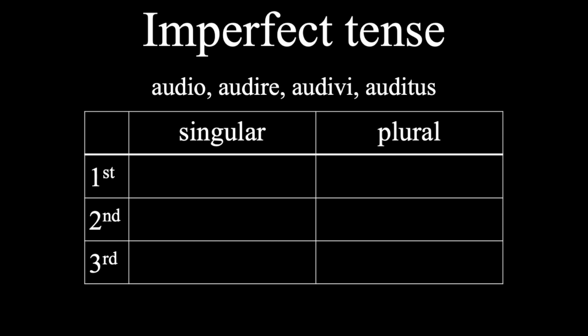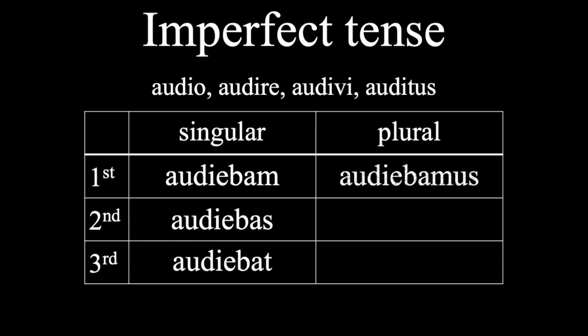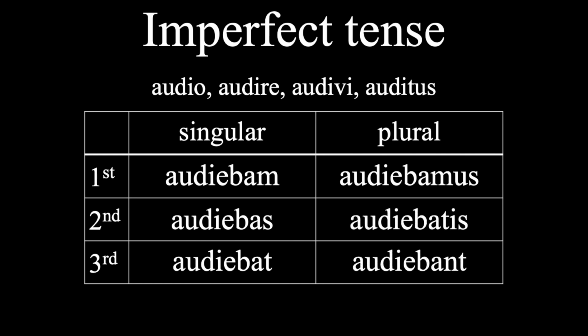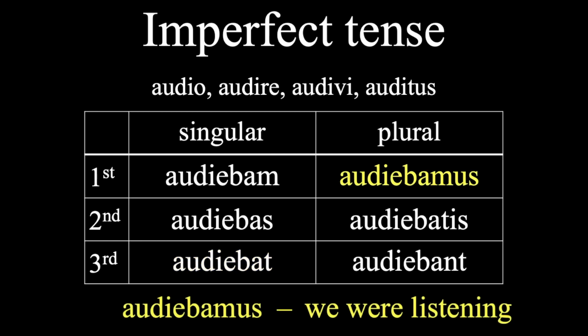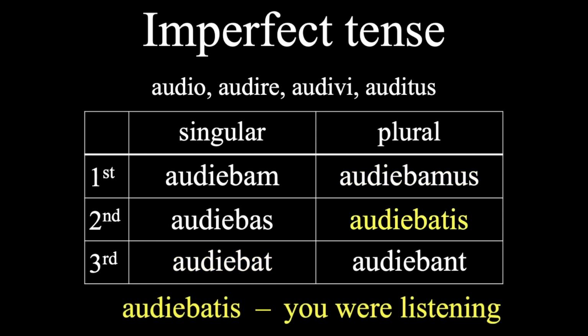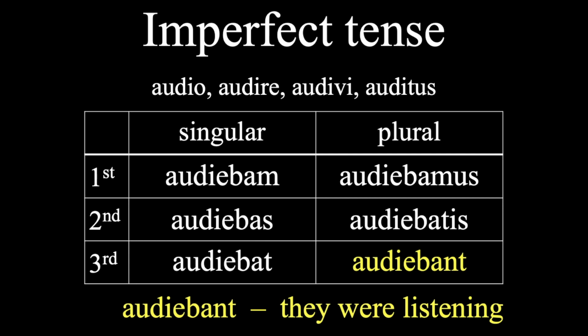Since it starts with an IO, we'll have an IE before the ending, and we'll get audiebam, audiebas, audiebat, audiebamus, audiebatis, and audiebant. In English, we get I was listening, you were listening, he or she was listening, we were listening, you were listening, and they were listening.